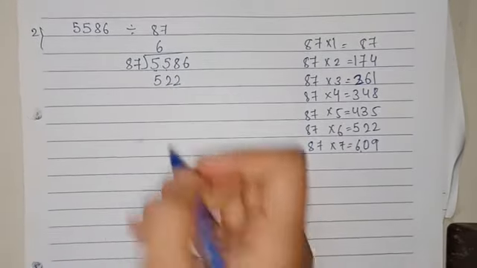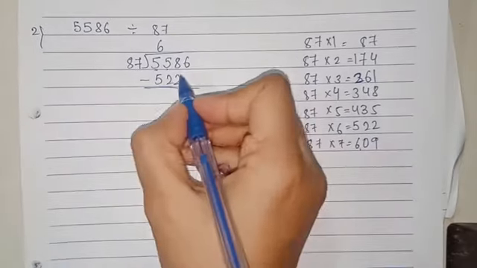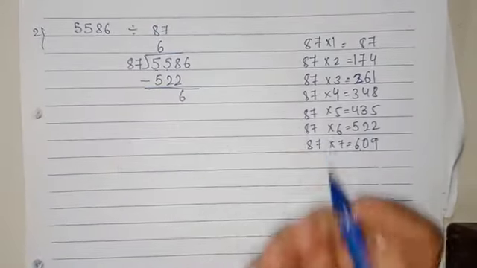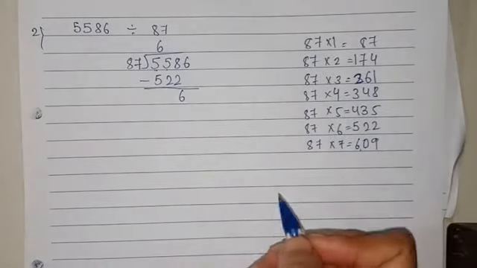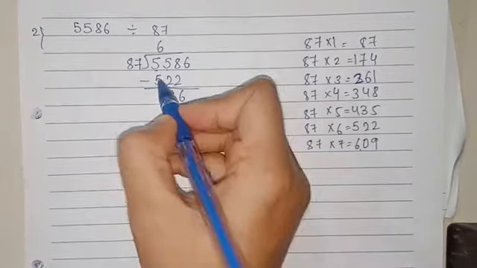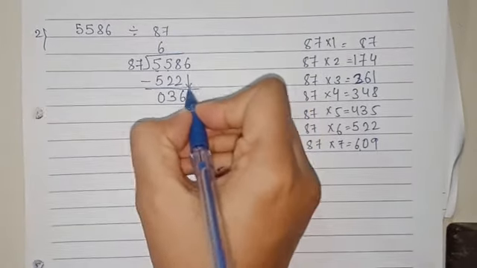Now subtract them. 8 minus 2 is 6. 5 minus 2 is 3. 5 minus 5 is 0. Done. Now I will take this 6 down.